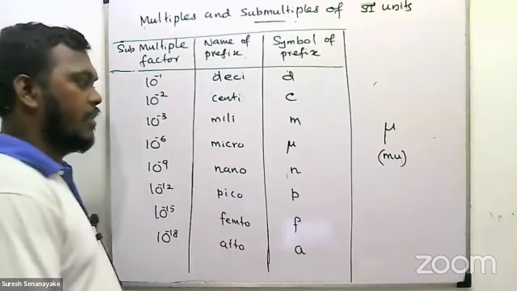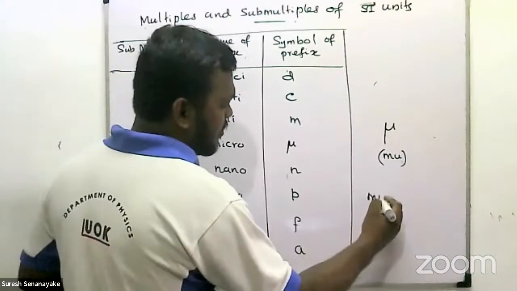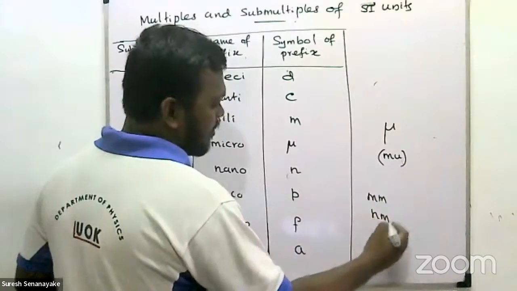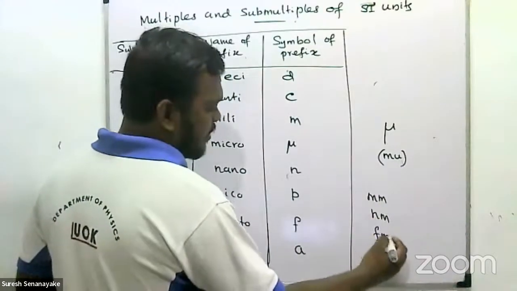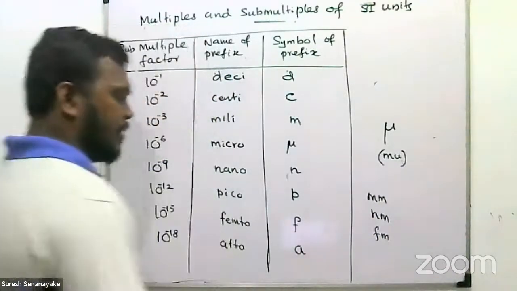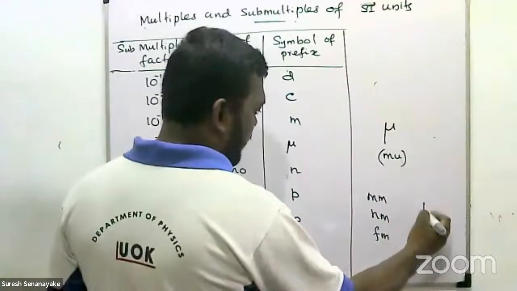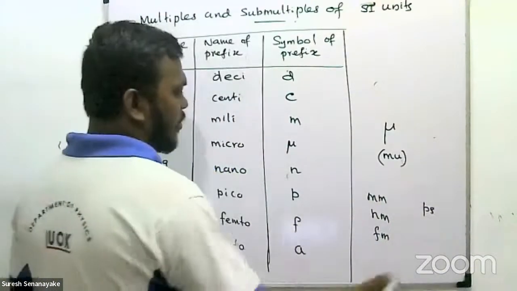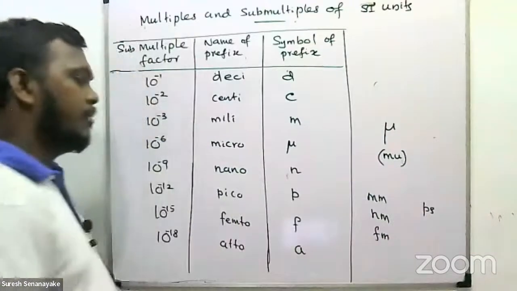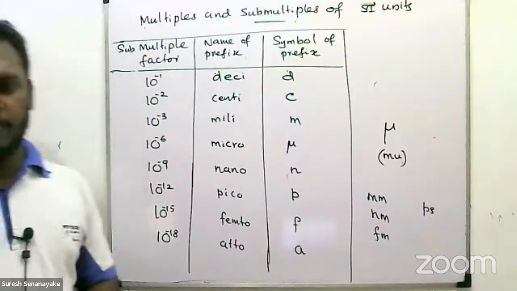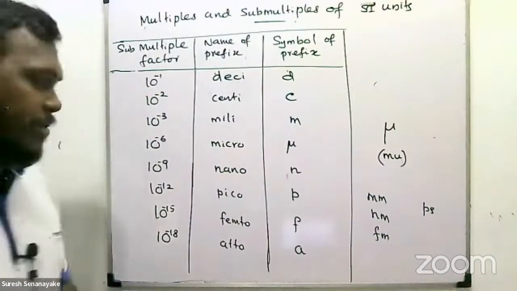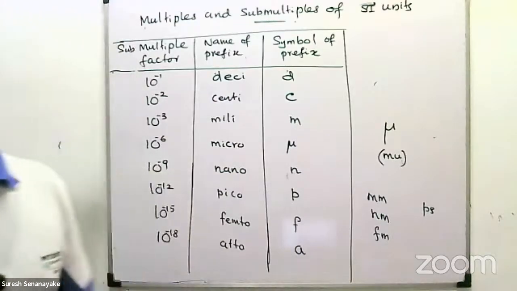Anyway, you can write millimeters, nanometer, and femtometer. That's it. The millisecond, microsecond, picoseconds, picofarad, centimeters. Only the centi is most commonly used with meters, not with the others.